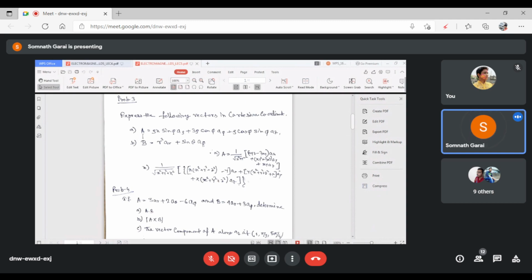A vector in the form of cylindrical coordinate, because rho phi z, and second vector in spherical coordinate, that means r theta phi. You have to convert these two into Cartesian coordinate. Everyone solve this problem and send to my WhatsApp number.